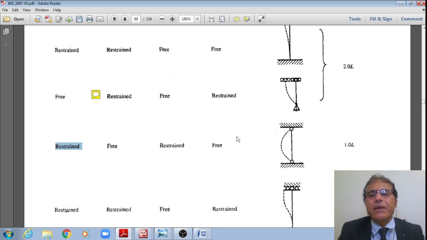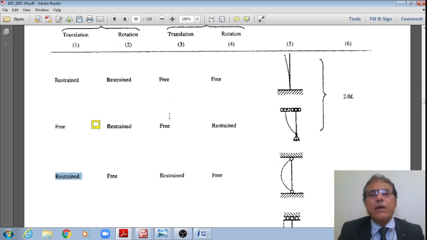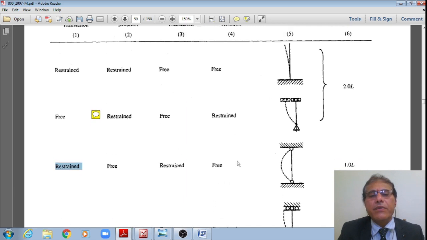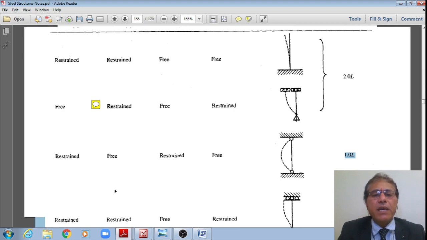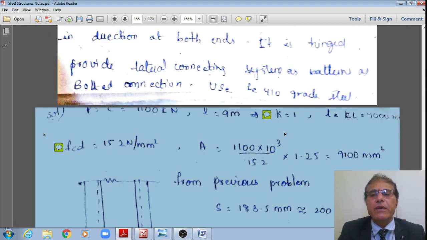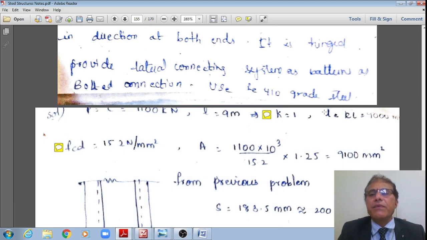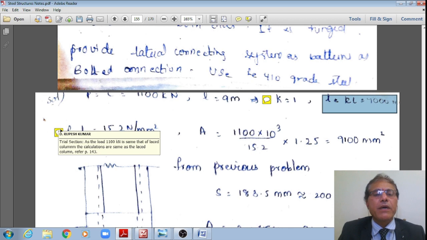Translational restraint, but at one end rotation free, at the other end also translation restraint, but other end free. Therefore, the effective length is equal to 1 times the actual length. Therefore, capital K, effective length factor, is equal to 1. Hence, substituting which, now we get the effective length itself is 9 meters or 9000 mm.